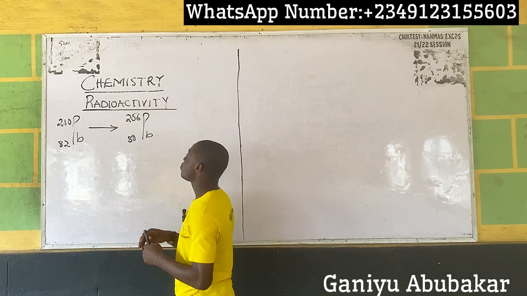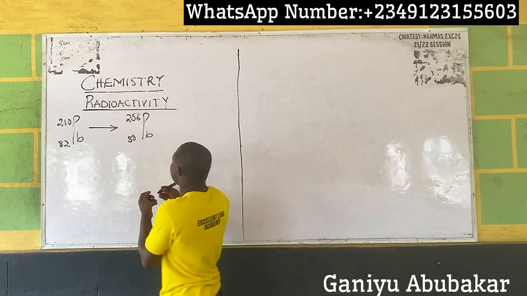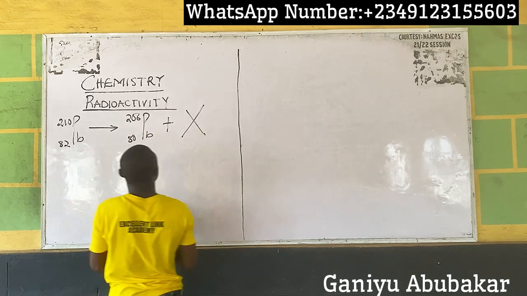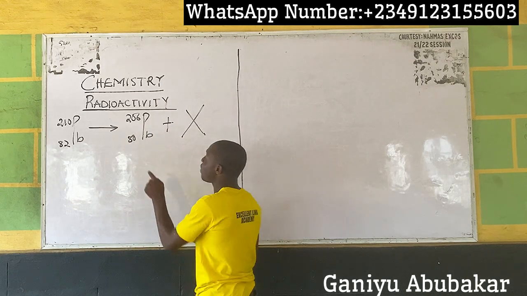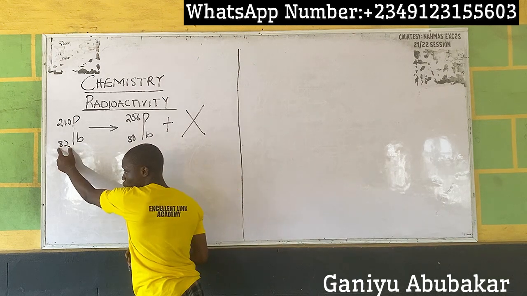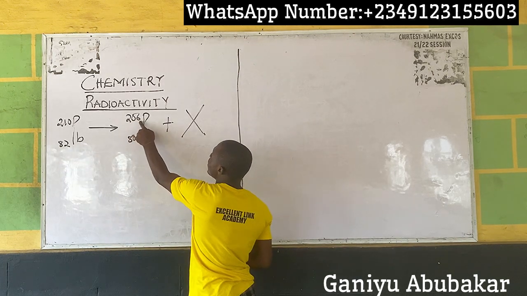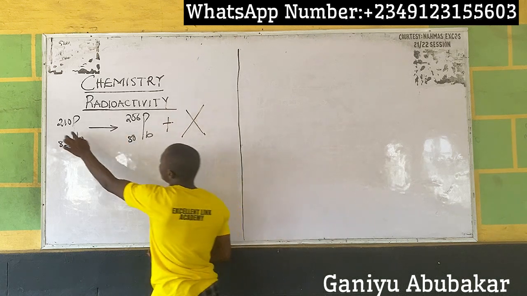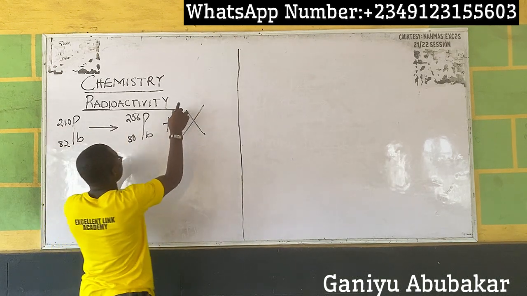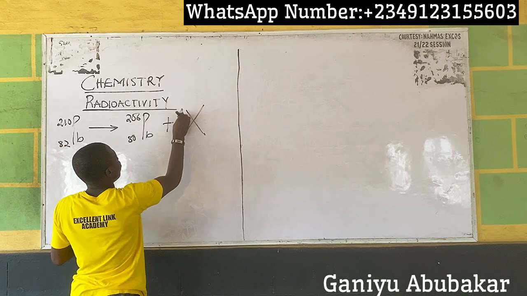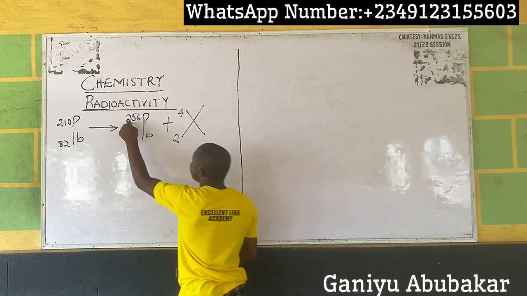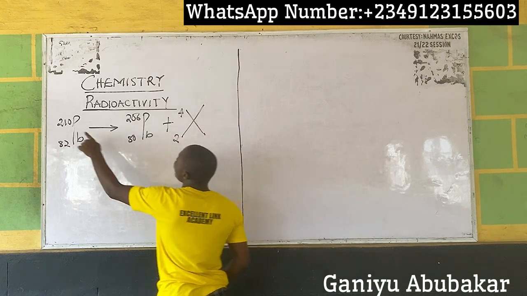Here's a task. Let's say I have an element here, plus the other. If I add 80 with something, it should give me 82. If I have 206 with something, it should give me 210. So the value I have here is 2, and the value here is 4. 80 plus 2 gives me 82, and 206 plus 4 gives me 210.